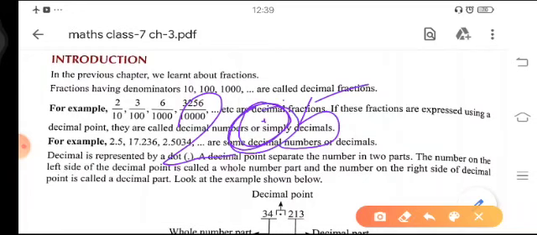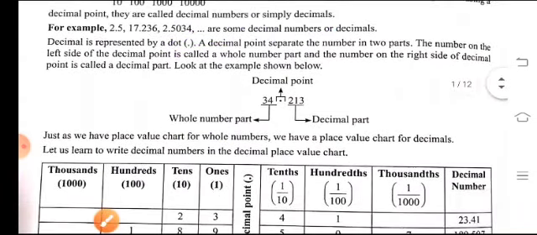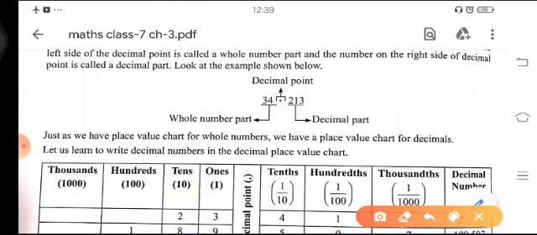Okay, so now we will move to our next topic. See, if we are representing a number in this form, 34.213, then the number before the point, on the left side of the decimal point, 34, is known as the whole number.